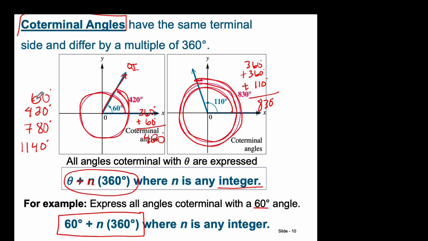So take your 60 degrees, subtract out one rotation. It'll be coterminal. It would be negative 300 degrees. Subtract out another full rotation. That would be negative 660, I believe. Check my math with that. But to express all of these coterminal angles and more, that would look like this: 60 degrees plus n times 360, where n is any integer.